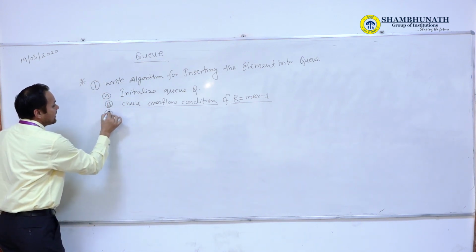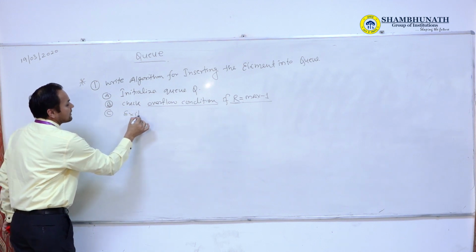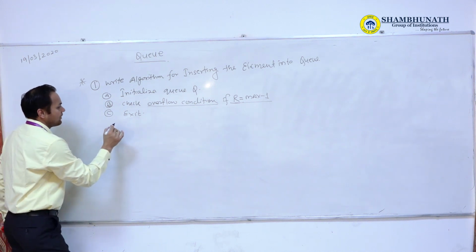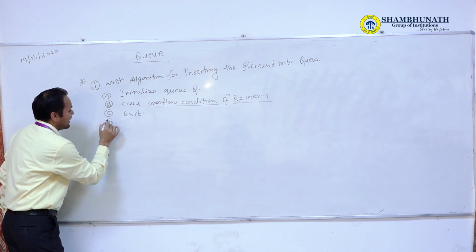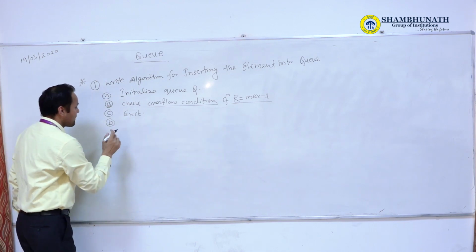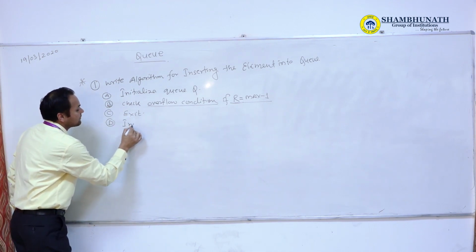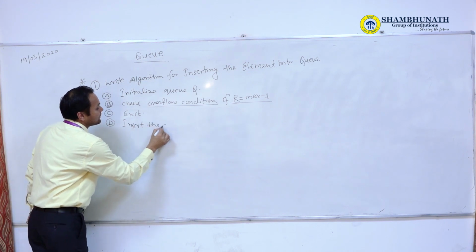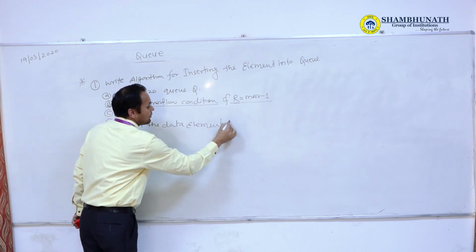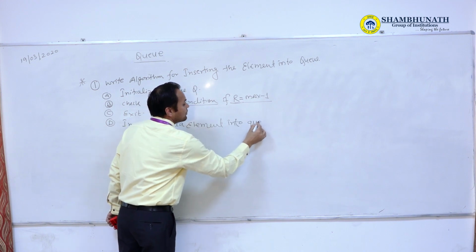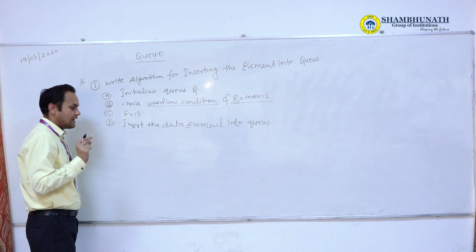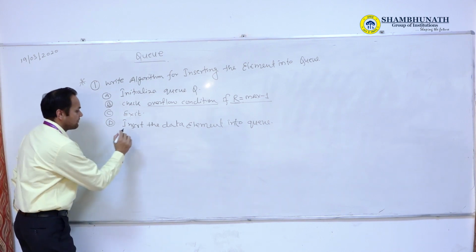So step number C, we exit from the queue. Suppose we insert the element in a given queue, what happened? Insert the data element into Q. First check the front position.